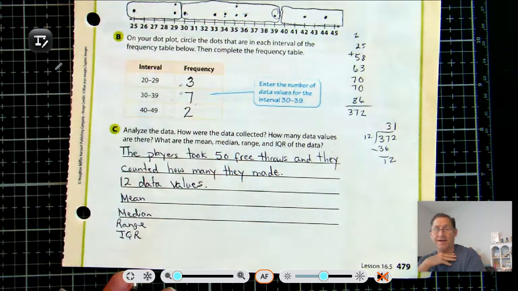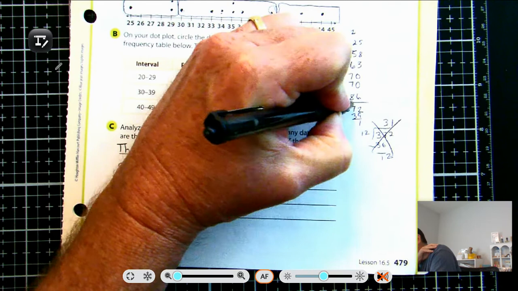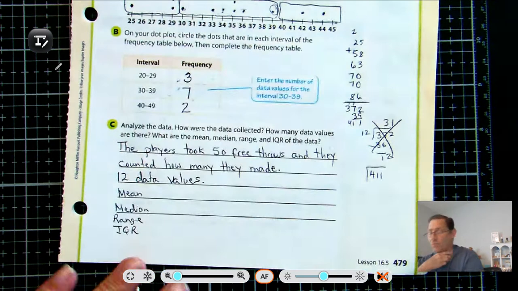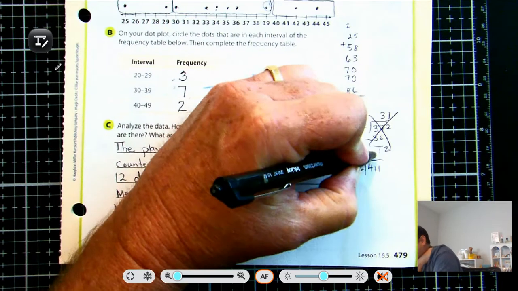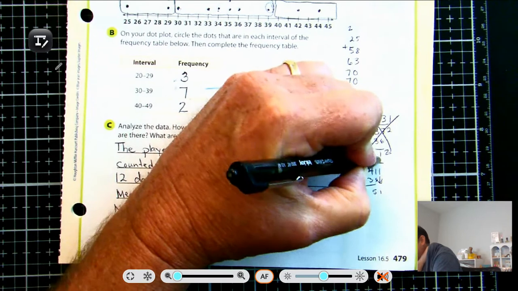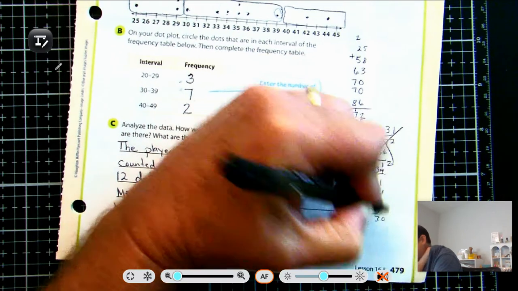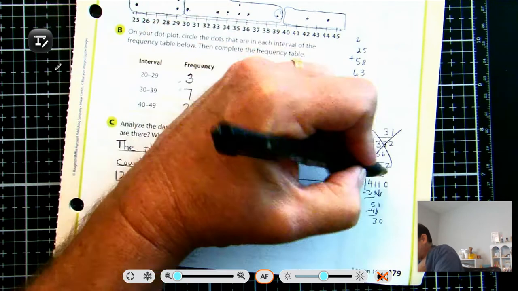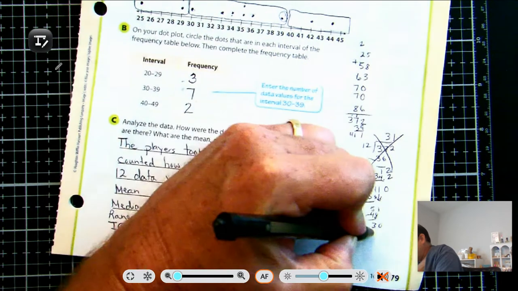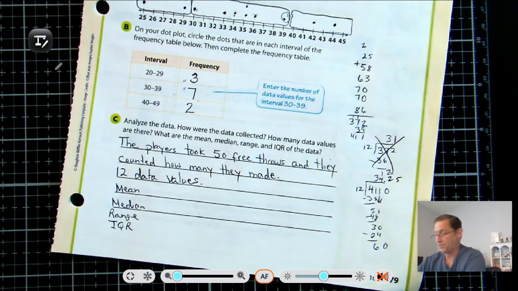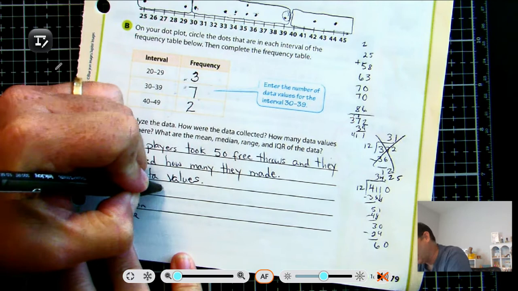I didn't add 39. So, no, that's not correct. So actually it should have been 411 divided by 12. All right, so 34.25 is the mean.